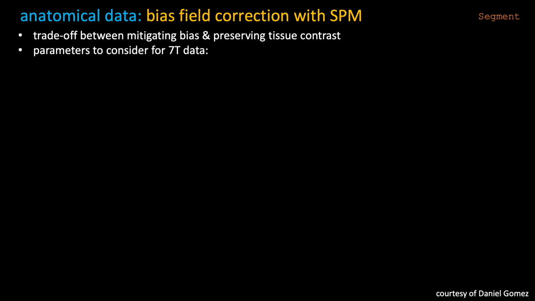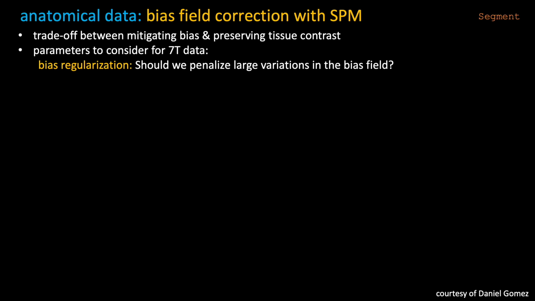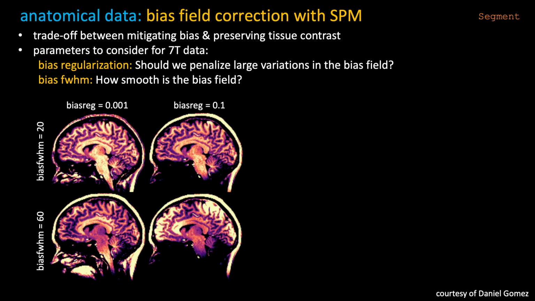So there are 2 important parameters to consider for this 7T data processing. Bias regularization, which is really answering the question of how much we should penalize large variations in the bias field, and the bias smoothness parameter. And here is a beautiful image showing how setting this parameter to 4 different combinations works.